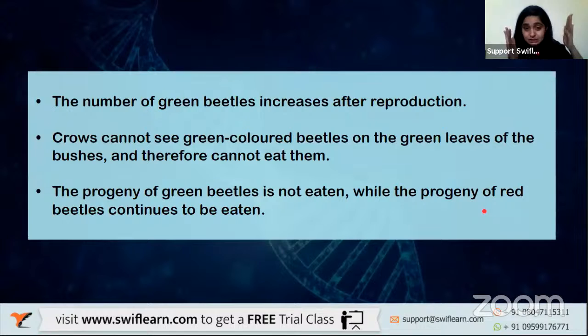Now, if we can just recapitulate what we just read in the first example, the number of green beetles increased after reproduction. Crows cannot see the green color beetle on the green leaves of the bushes and therefore cannot eat them. The progeny of the green beetle is not eaten, while the progeny of the red beetle continues to be eaten, right?